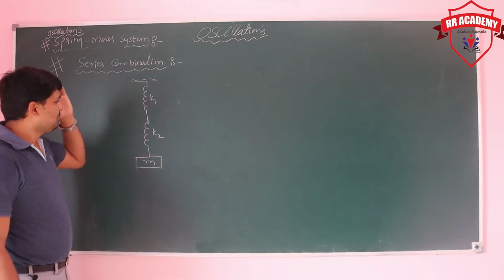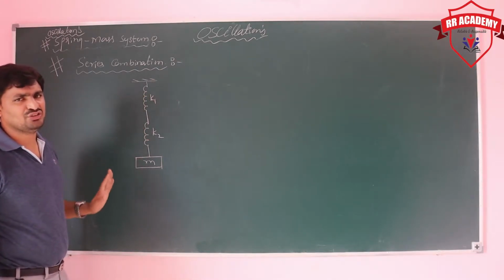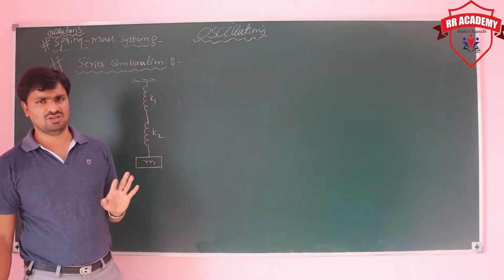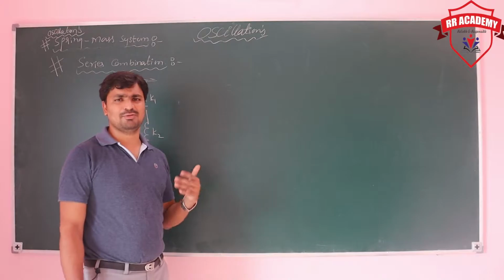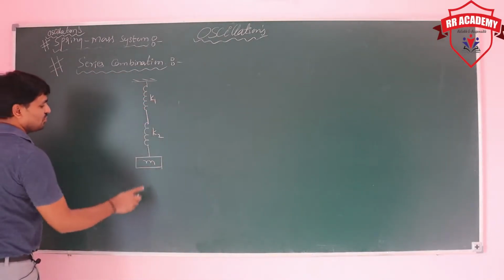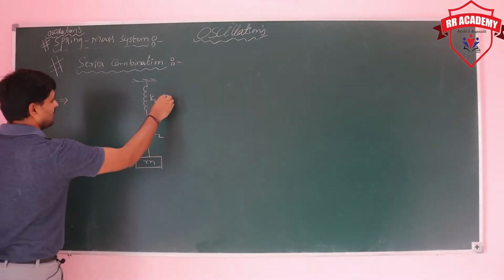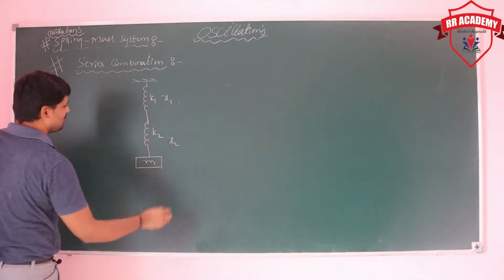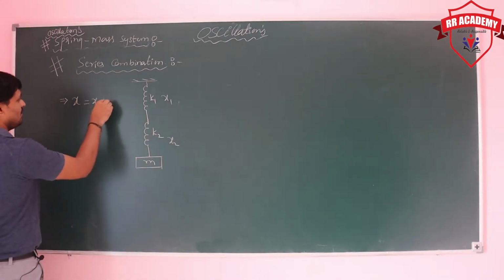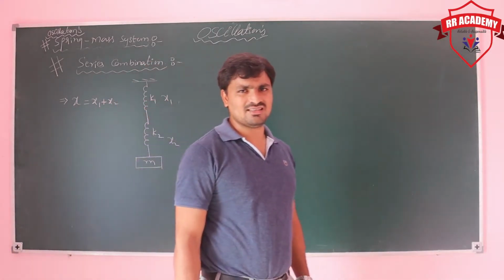We know that the extension is inversely proportional to the spring constant K. You can observe the total extension in the springs: the first spring is extended x1, the second spring is extended x2, and the total extension is x1 plus x2.